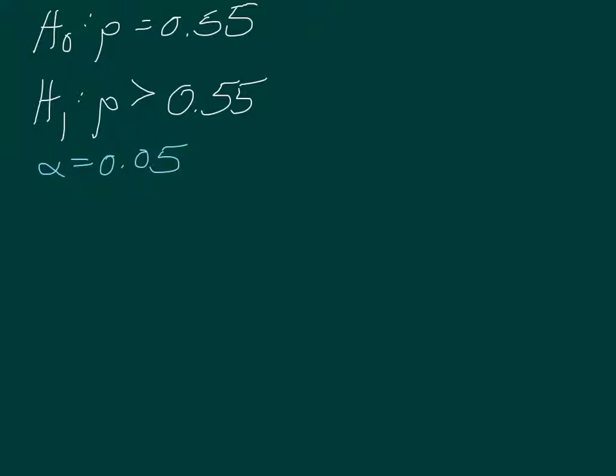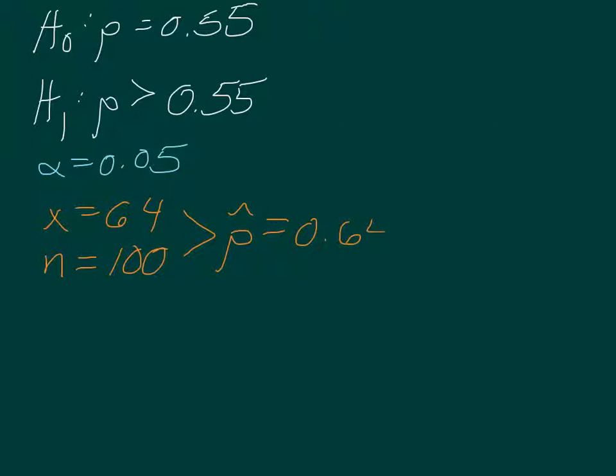So what happens now is I take a sample, and let's say for the purpose of this example, I survey 100 consumers, and I find that 64 of them recognize the brand. So X is 64 out of the N of 100 consumers. So in other words, right, P hat is equal to 0.64.